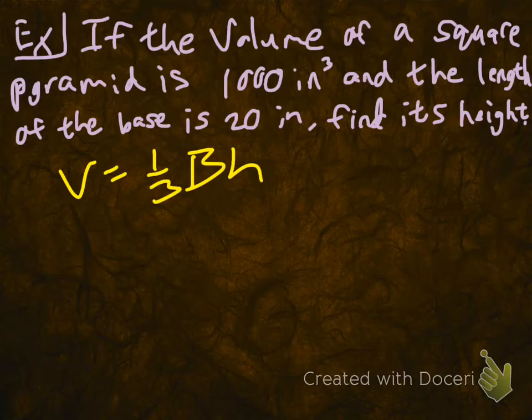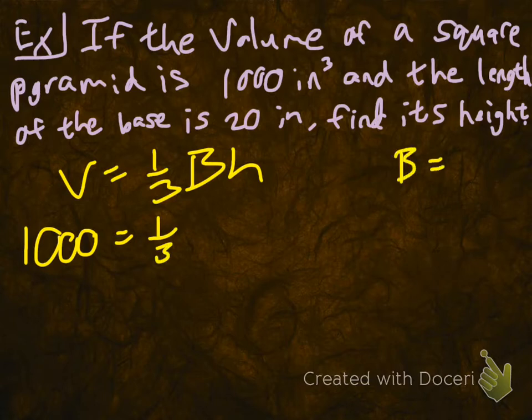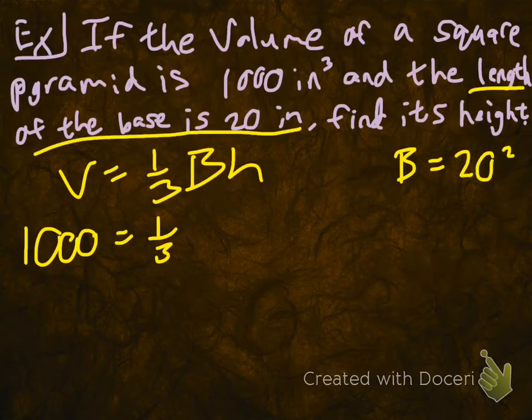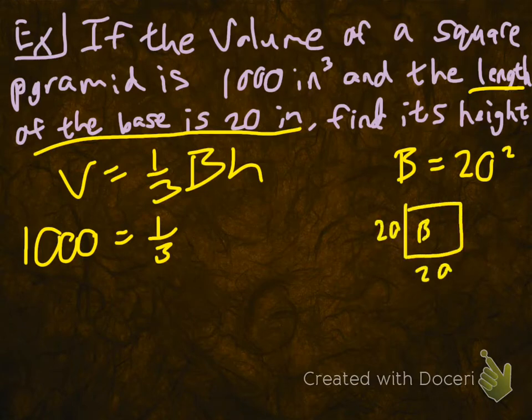So, the volume is 1,000, so I'm going to replace the V with 1,000, equals 1/3 times B. Well, we don't know B yet. We can find it, though. If the length of the base is 20, that means the area is 20 squared because it's a square that's 20 by 20, right? So B would be 400. So the base would be 400.